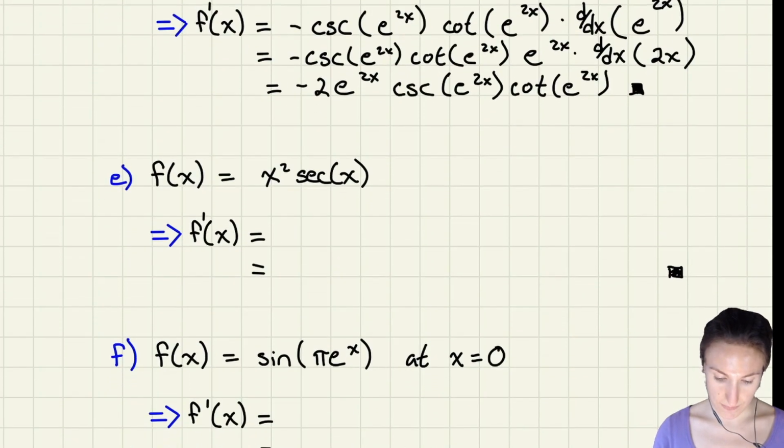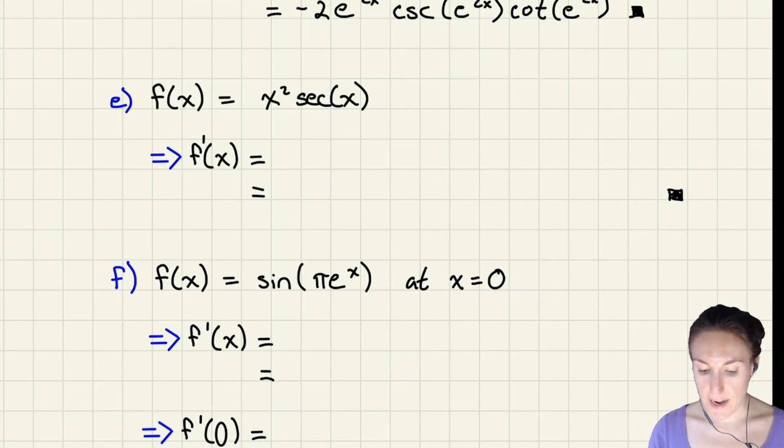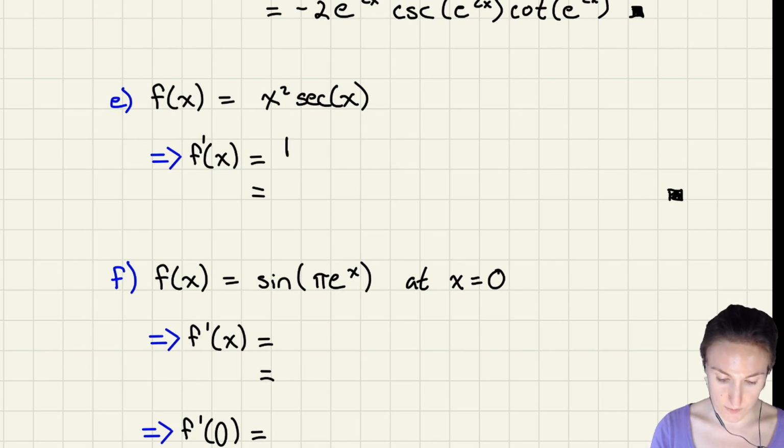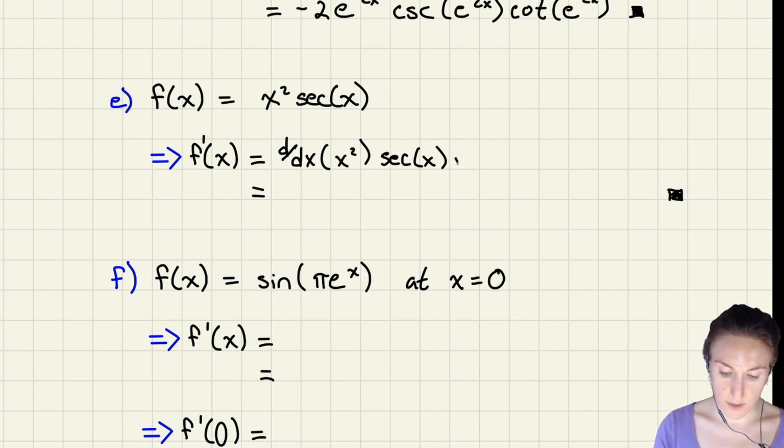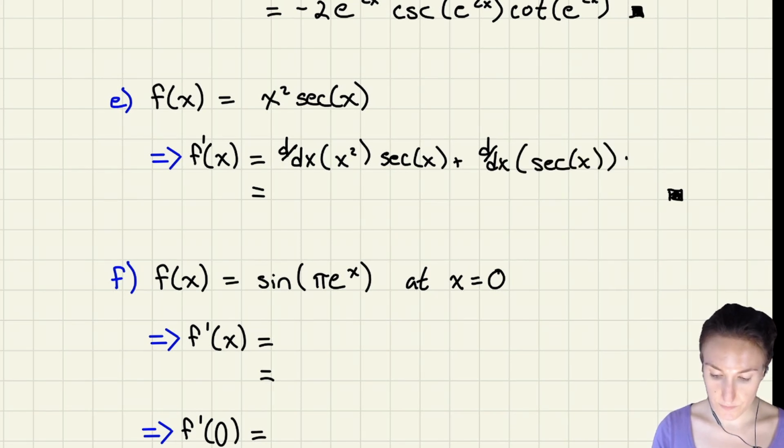All right. Let's do one now where we have to do the product rule. Okay, so we can see what these trig functions look like for slightly simpler things. So remember, product rule is the derivative of the first times the second plus the derivative of the second times the first.